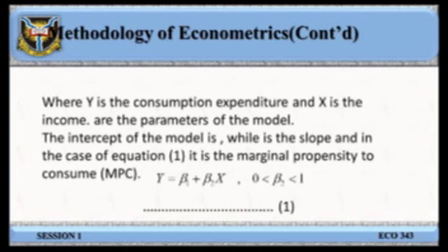The intercept of the model is β1, while β2 is the slope, and in the case of equation 1, it is the marginal propensity to consume, MPC.